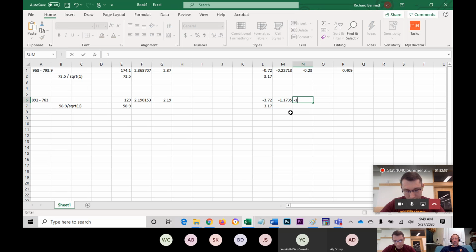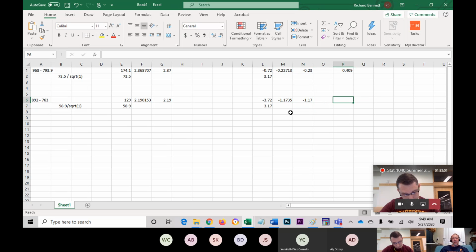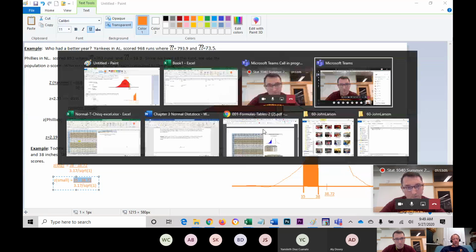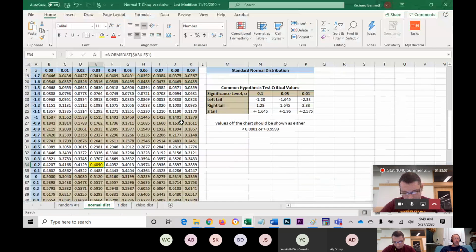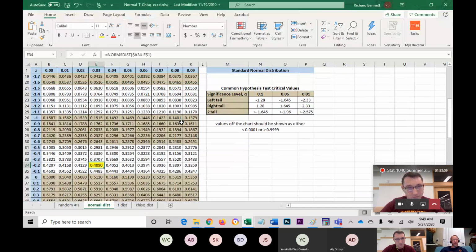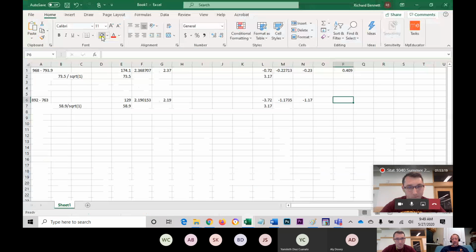So we'll round that to negative 1.17. And so what value does that correspond to? Negative 1.17. Okay, so what value is that? 0.1210. Yeah, it's that one right there. Okay. So this is 0.1210.